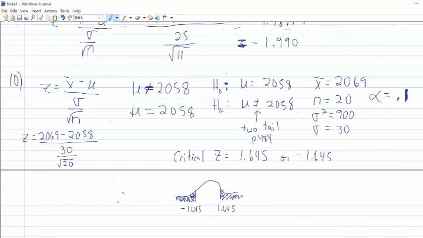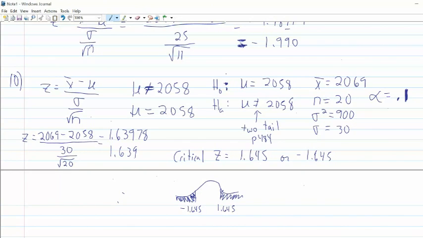Work that out, flip and multiply, and you're going to get 1.63978, and so on. We need at least 3 decimal places, so it's 1.639.